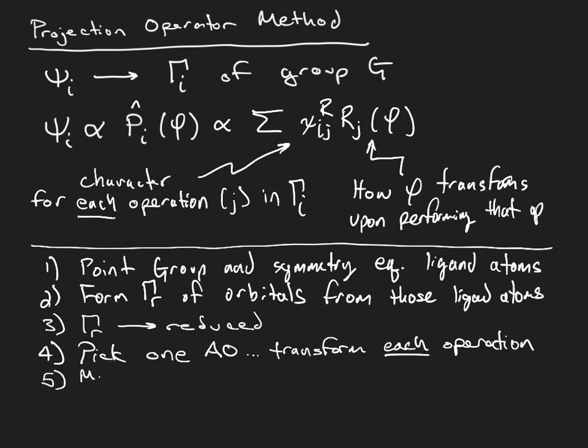We're then going to multiply through by the character for those various operations, and then sum and combine like functions.